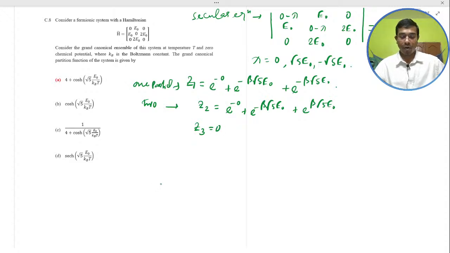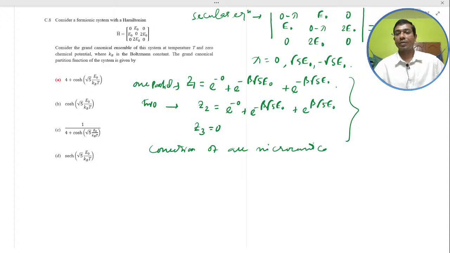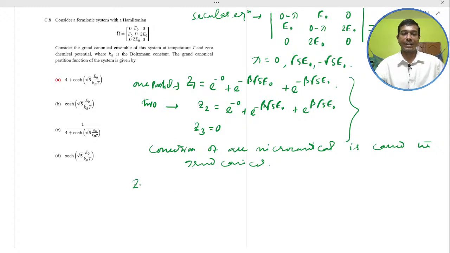So collection of all microcanonical is called the grand canonical. That is Z1 plus Z2 plus Z3.